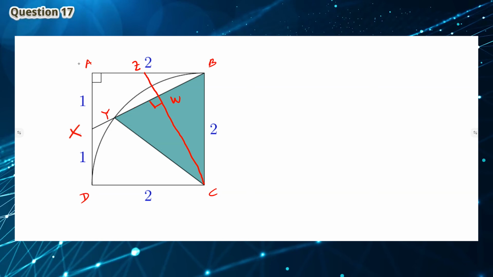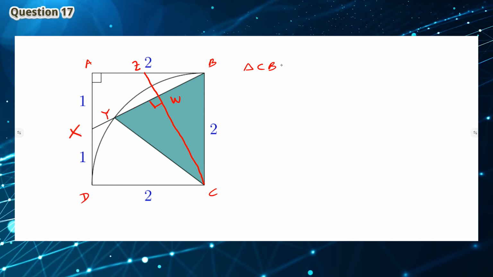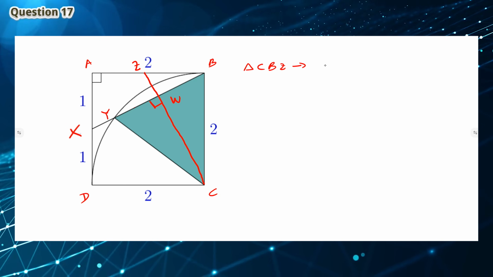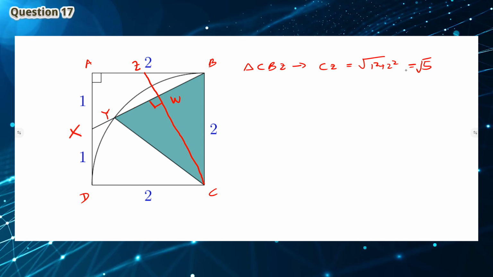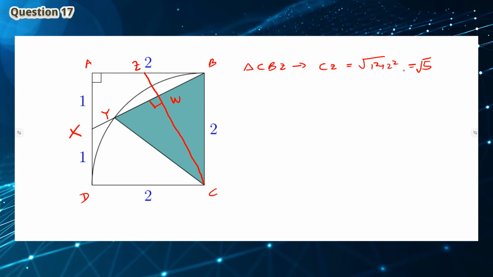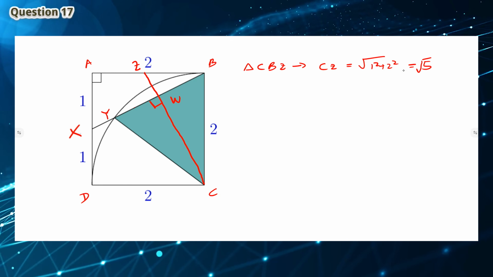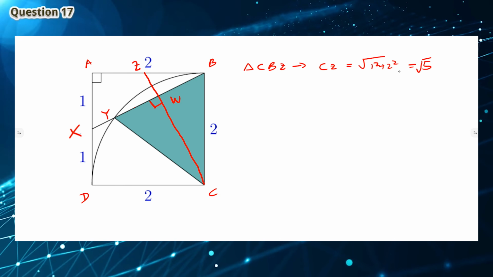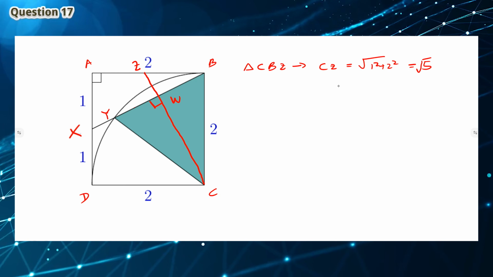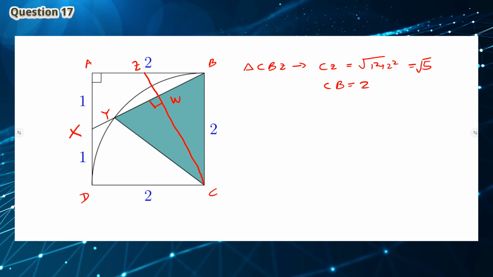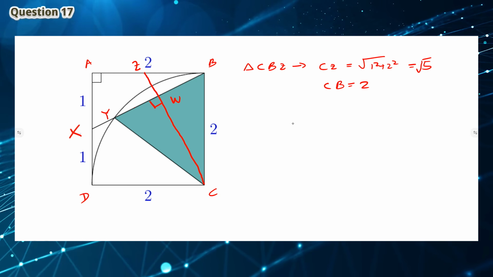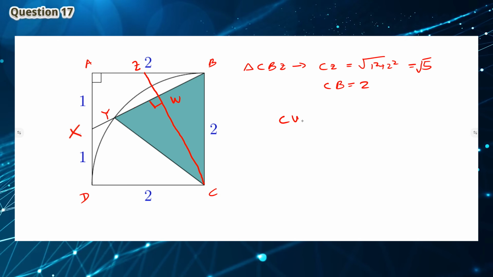This means triangle CBZ has a line segment CZ of root 5 units. Similar to triangle CBZ is triangle CWB, with the segment of CB equal to 2 units. This means CW is equal to CB.